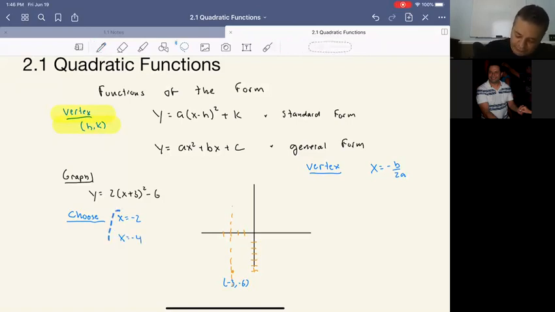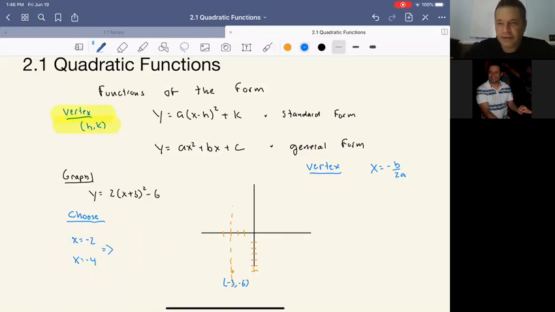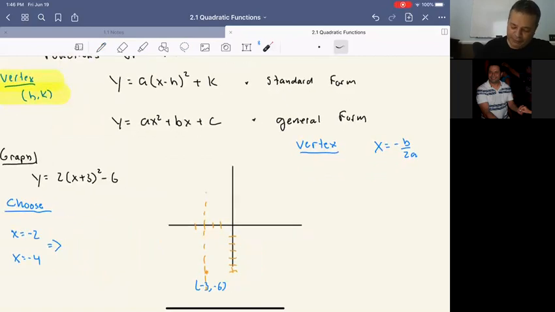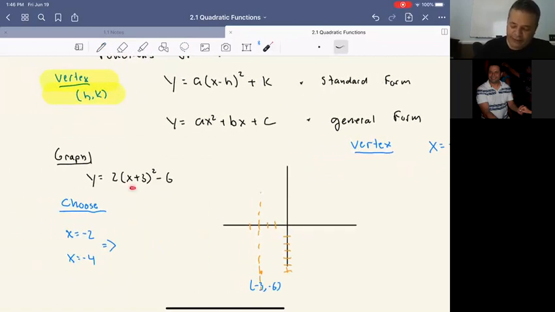Let me give myself a little more space. If I plug negative 2 in, I get negative 2 plus 3, which is 1. Squared is 1, so 2 minus 6 is negative 4.